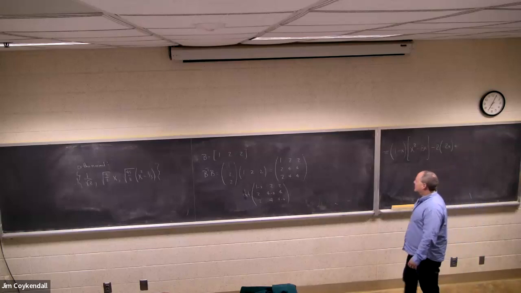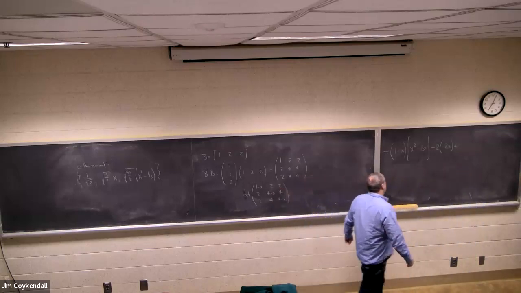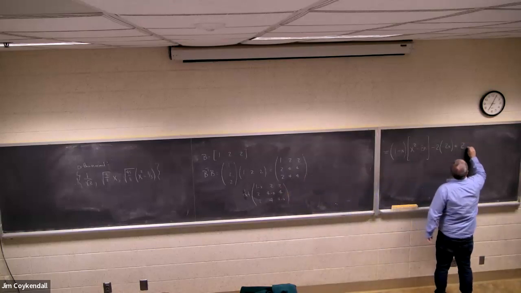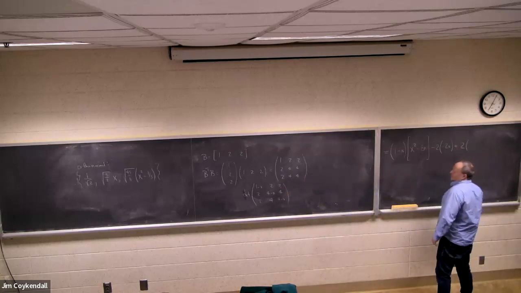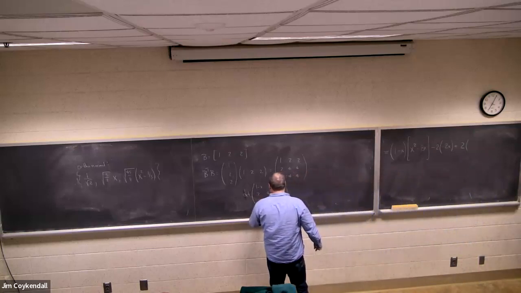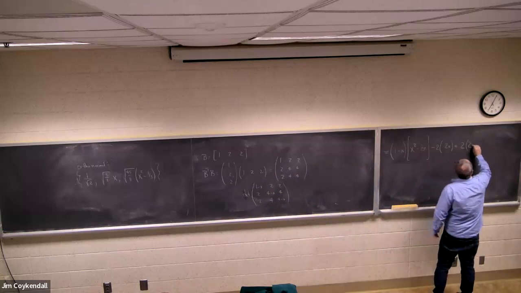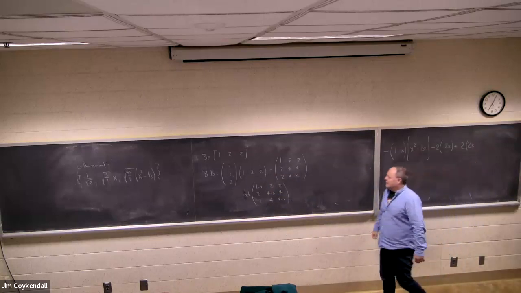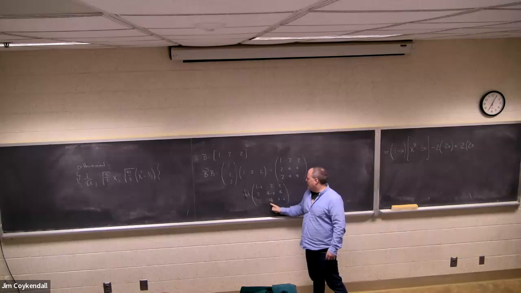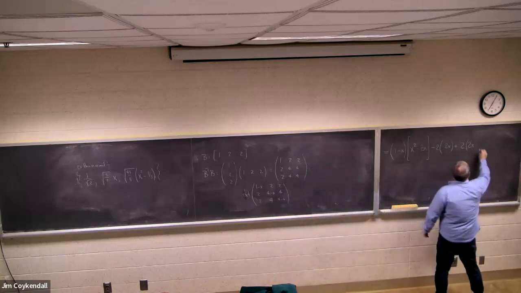And finally, I get 2 times that lower left determinant, which is going to be plus 2x. And what numbers do I get? The numbers I get are 8 times 8. So that was pretty swell.